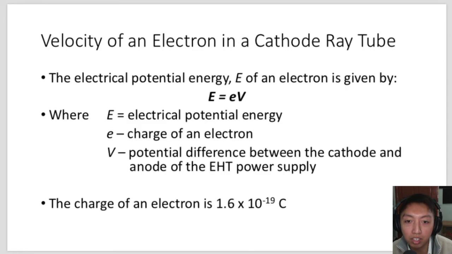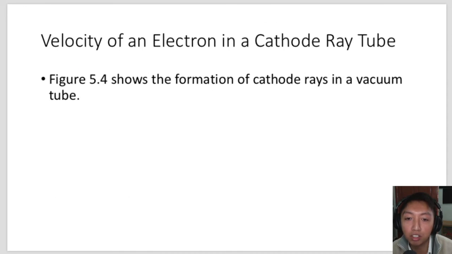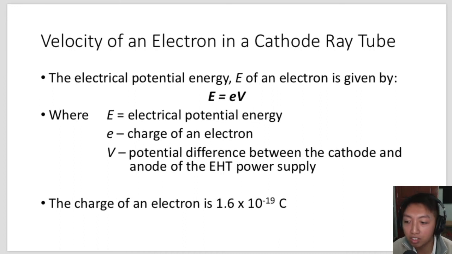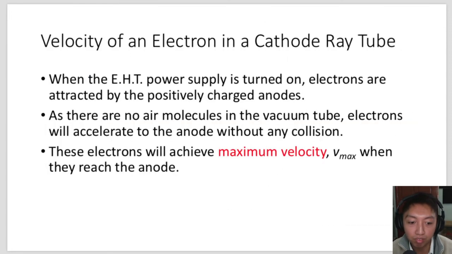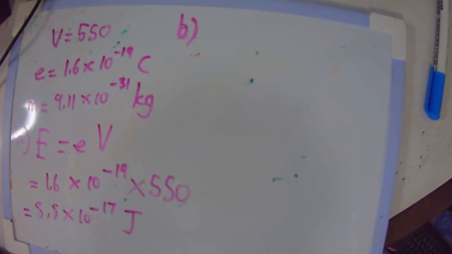I forgot to write that there. There is no energy loss when you reach the anode. So meaning to say, if there is no energy lost, all of the electrical potential energy in the beginning gets converted to kinetic energy. So we don't have to calculate actually.